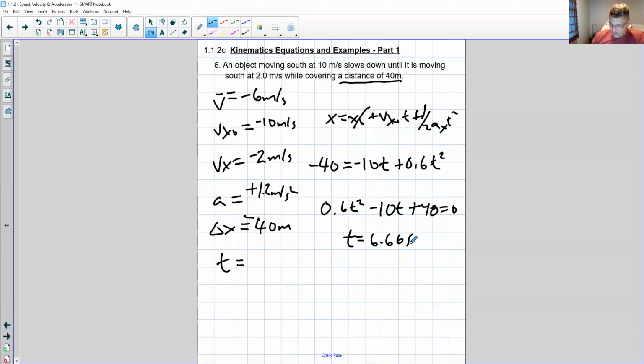So that's my first root, and my other root for this equation is 9.99. What is this telling me? It's giving me two answers.